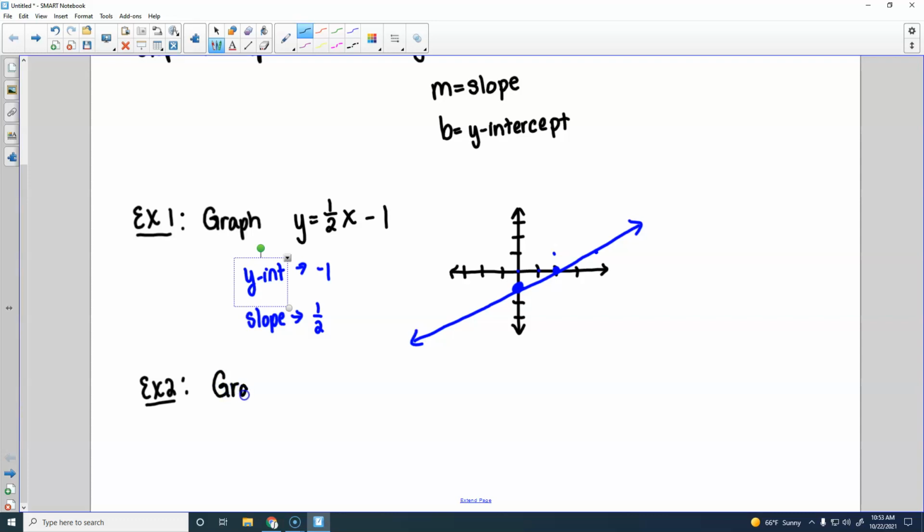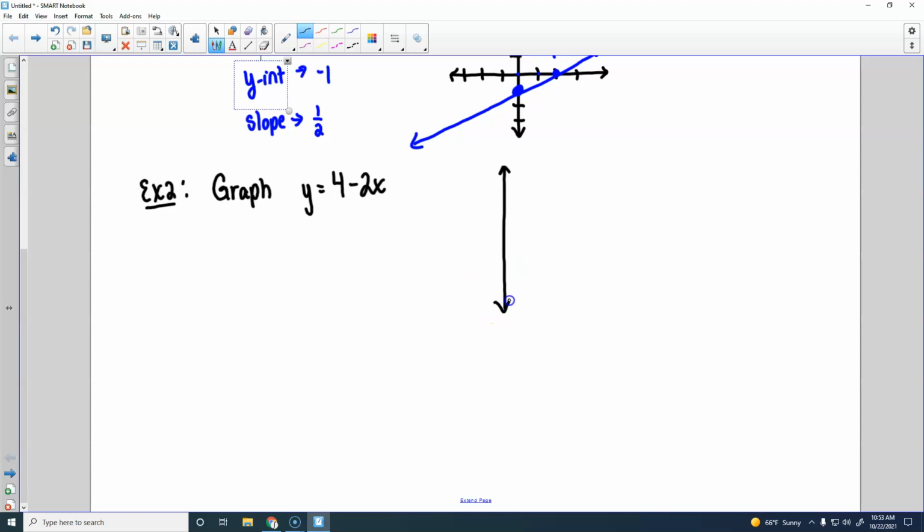We're going to graph y equals 4 minus 2x. So let's draw ourselves another coordinate plane. You need to go up at least to 4 because of your y-intercept.